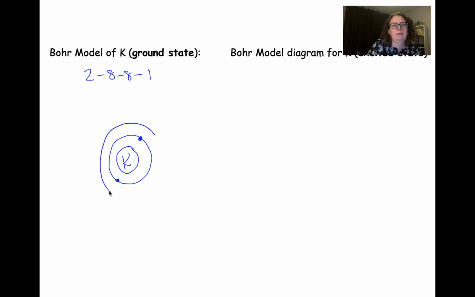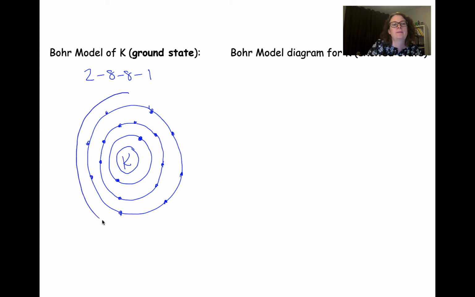My n equals 2, where I'm going to have 8 electrons. N equals 3, where I have 8 electrons. And n equals 4, where I have 1 electron.